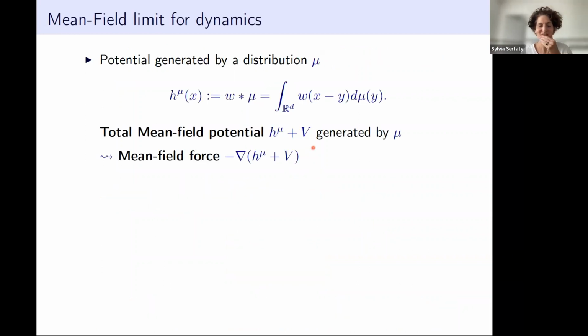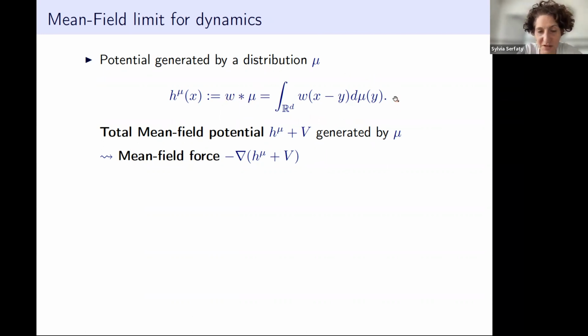All right, so I want to talk now a little bit about this dynamics problem. I mentioned the gradient flow problem and also the Newton's law evolution problem. So before doing that, let's talk about the potential generated by a distribution mu. So give yourself some distribution of points. It can be discrete or not. You can form the potential h super mu as the convolution of the interaction kernel with mu, defined like this.